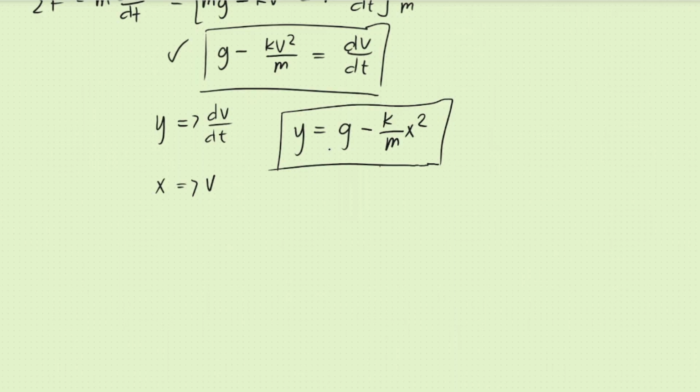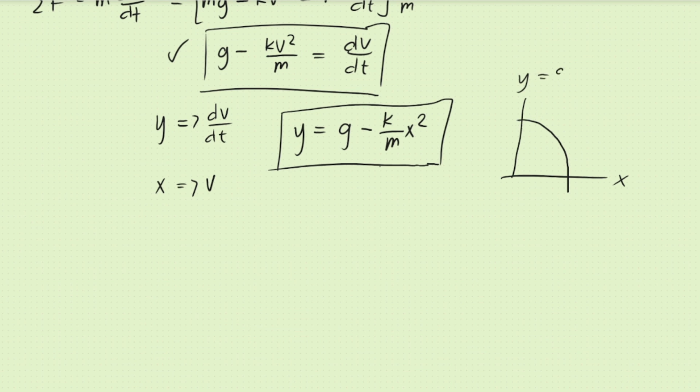Now that I've shown you the graph of dv over dt, we let dv over dt be our y-axis, and v our x-axis. The graph is a parabola which opens downward.